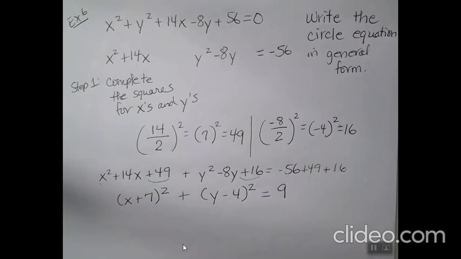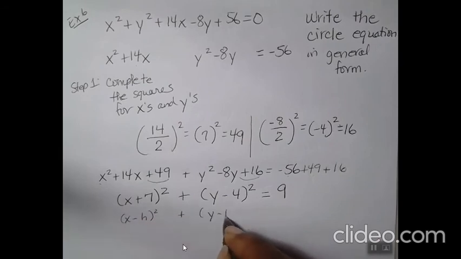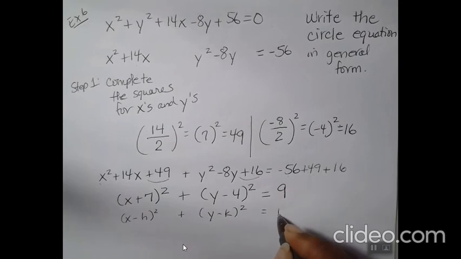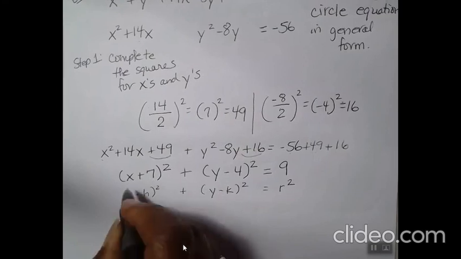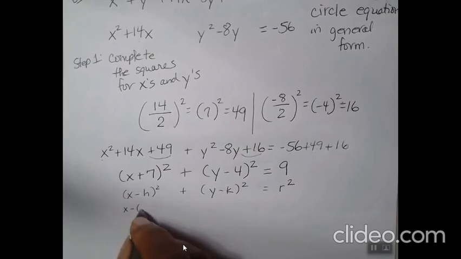Now, remembering that our equation for the circle is (x minus h) squared plus (y minus k) squared equals r squared, let's put this to use. x plus 7 is the same as x minus negative 7, squared.